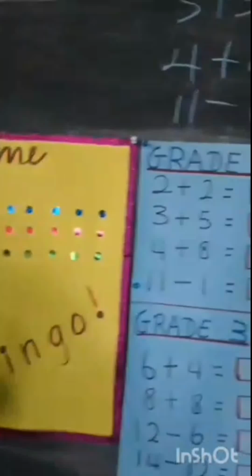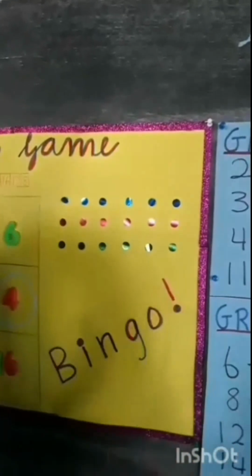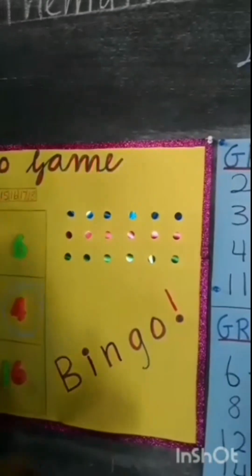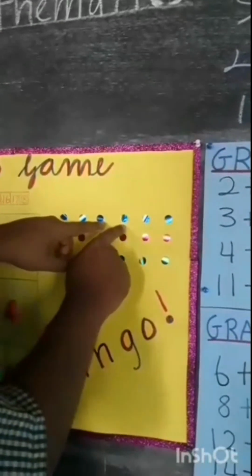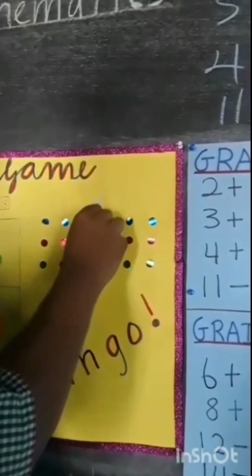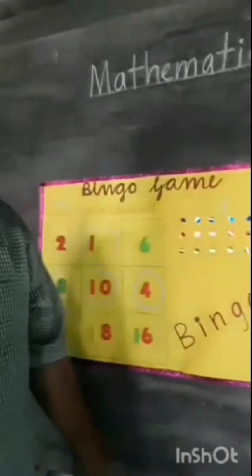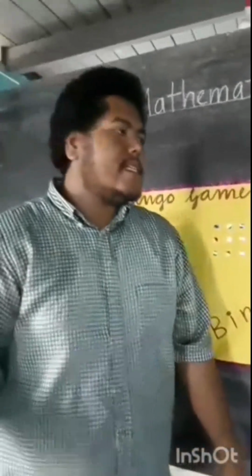You also have counters, in case the children are acquainted with using manipulatives, in order to work their problems, right? So 2 plus 2 will give me 4. Right? So this is a very fun game you can incorporate with your children. You can use this game to teach any grade, right?